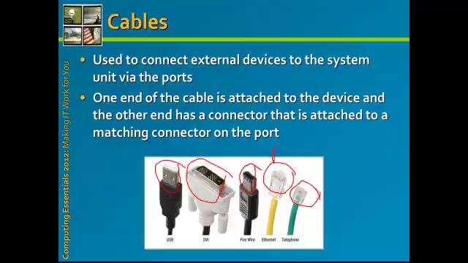Ethernet ports are also called RJ45. And your phone ports are usually called RJ11s. So if anybody ever tells you RJ11 or 45, you know what both of those are.